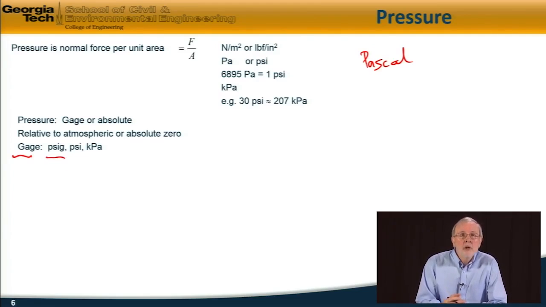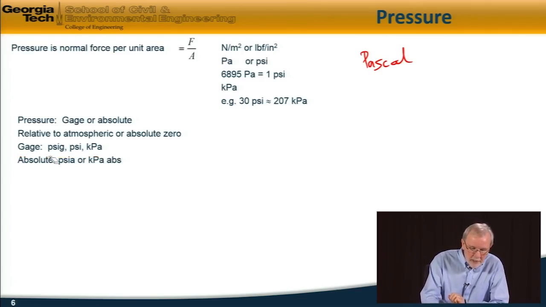However, almost always we're only interested in gauge pressures, in other words, pressures relative to atmospheric, so we don't normally need to add on the G at the end there. If we simply write PSI or kPa, it's implicit that what we're referring to is a gauge pressure, in other words, a pressure relative to atmospheric.